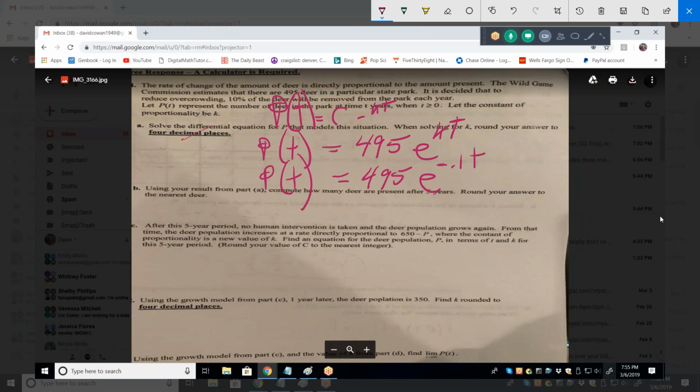I'm confused because it seems to me that k is definitely negative 0.1. So they've solved for k when they give us this information.